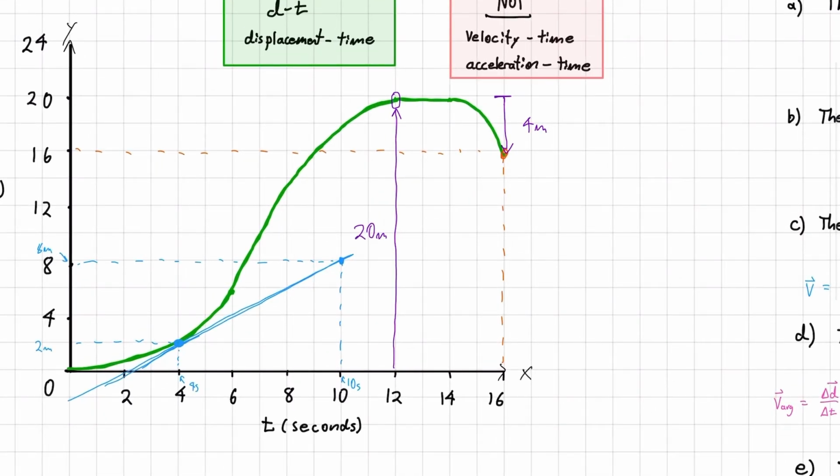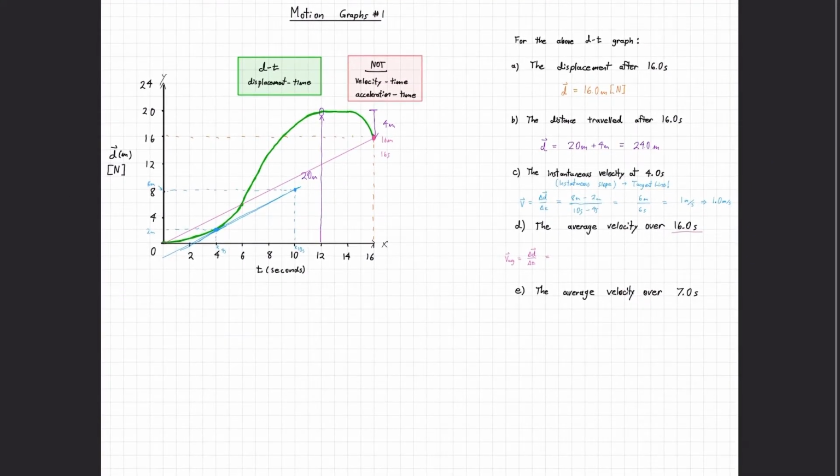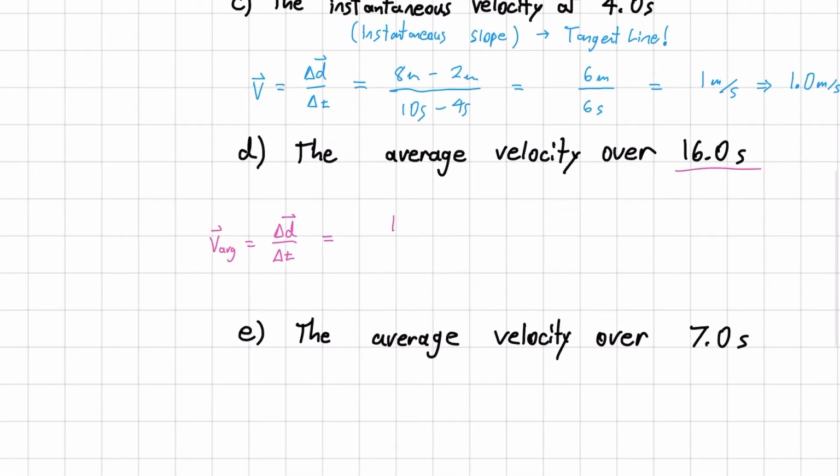So we're going right to the end, 16 seconds. And we need our average velocity. So again, same line as the orange one. We've gone 16 meters, and we did that in 16 seconds. So distance 16 meters over 16 seconds.